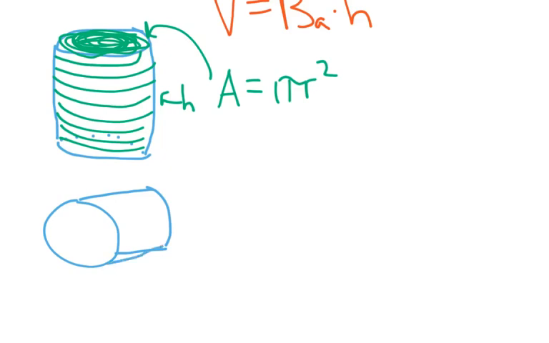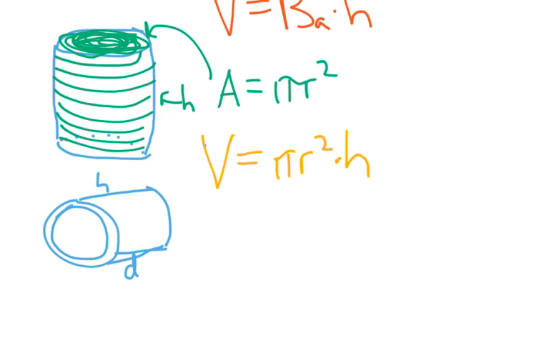Same idea. Perhaps you wouldn't call this height, you would call it depth. But as long as we know the area of this, we can figure out the rest. And so here, our volume formula for all of this is going to be equal to pi r squared times h. So let's do some examples.